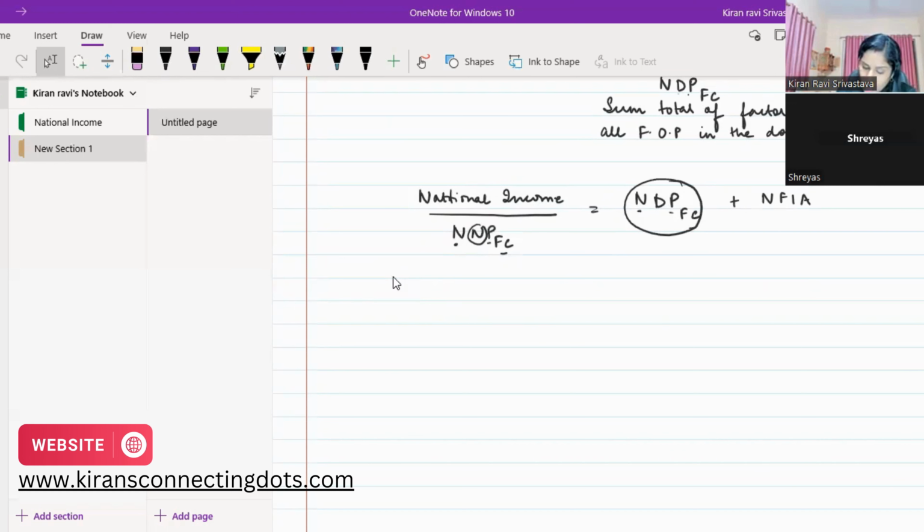So to find out NDPFC by using the income method, you will have to add 5 components. You know what the factors of production are? Land, labor, capital, and entrepreneur. So these are the various factors of production.